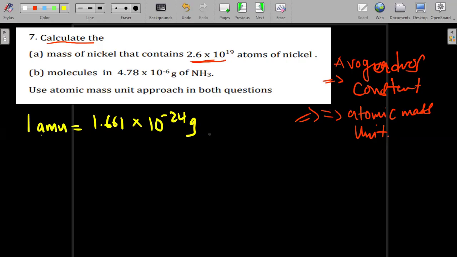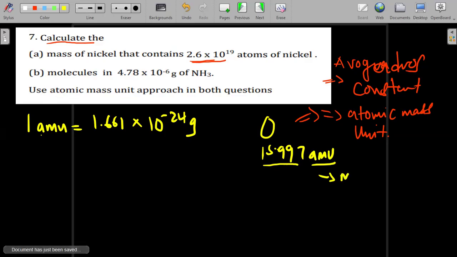If, for example, you go on the periodic table and check the mass of oxygen, it is about 15.997. This mass of oxygen is measured in units that we call atomic mass units. These atomic mass units are the same as what we call the molar mass.